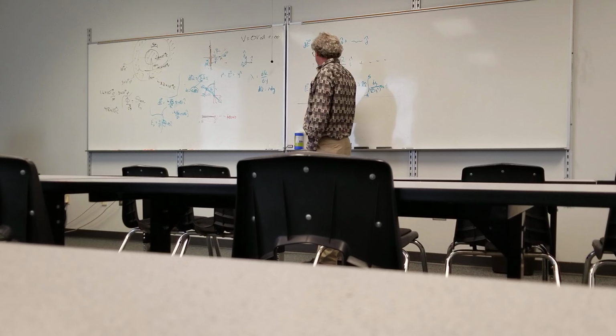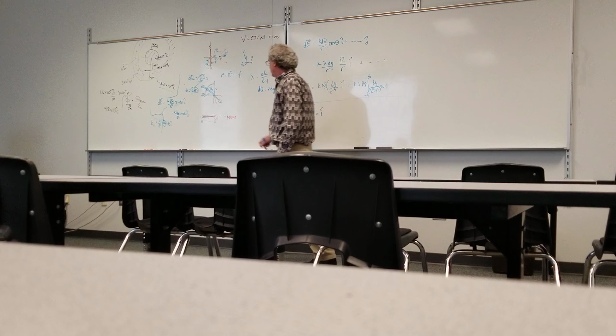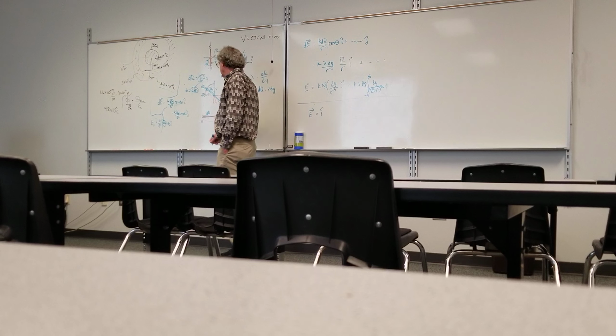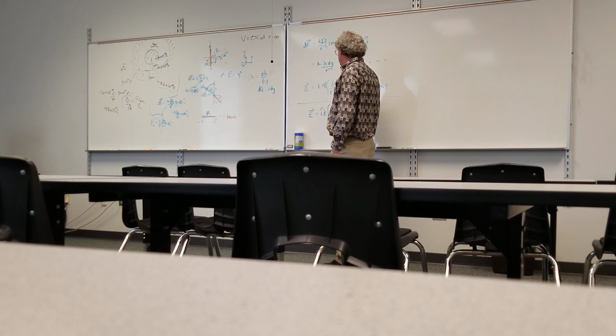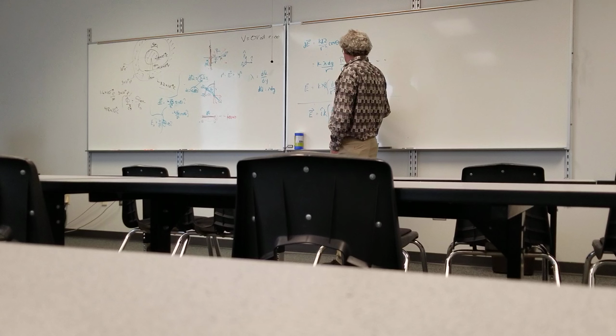So my electric field for that one is all in the I hat direction. I have dQ here, and so k comes out, dQ over R squared. dQ is lambda dy, or lambda dx, so I hat k integral lambda dy over R squared.